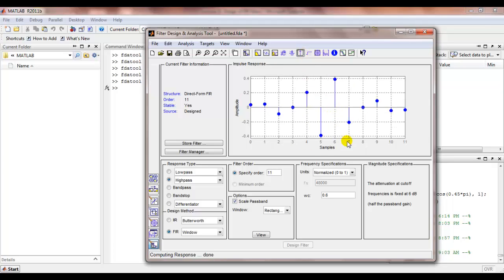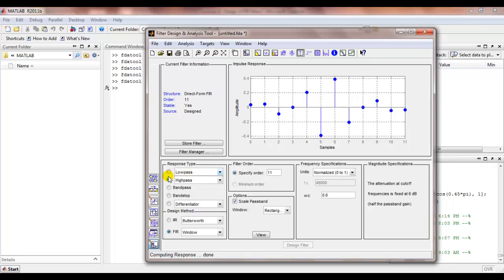And if I look at my samples, I see an anti-symmetric response. So my M is 11, so this is 5.5. This is the middle. Okay, and you see that around this middle, you have a mirror image of the impulse response, but with a negative sign. Okay, so it's anti-symmetric. So based upon the shape of the filter, which is anti-symmetric, and the length, you know it is a type 4 FIR filter that MATLAB generated.